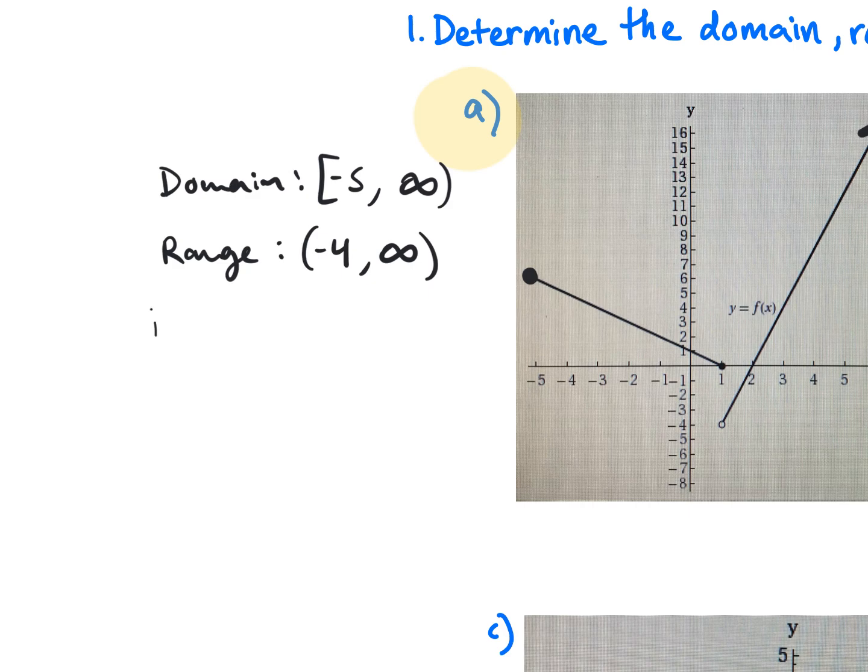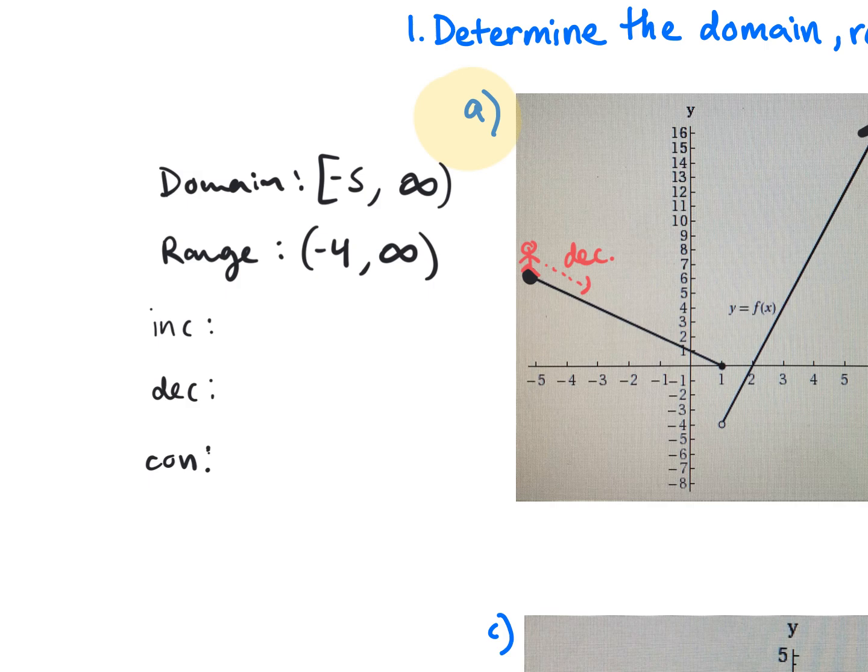Now let's talk about our intervals of increasing, decreasing, and constant. So we read a graph going from left to right. If I was standing on the far left side of my graph, would I be walking uphill or downhill? Downhill. We'd be walking downhill from where to where? -5 to 1.